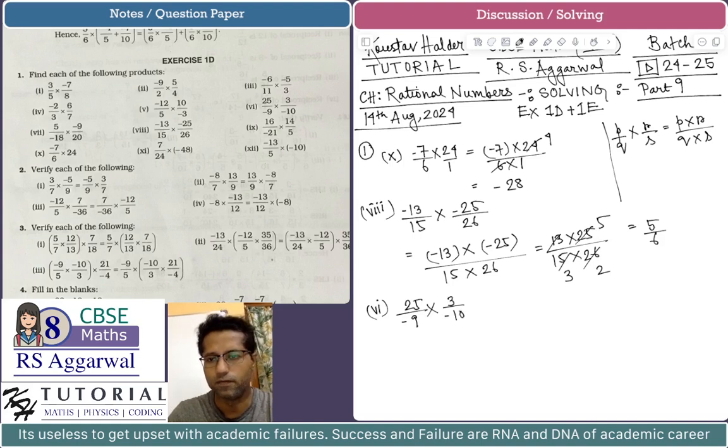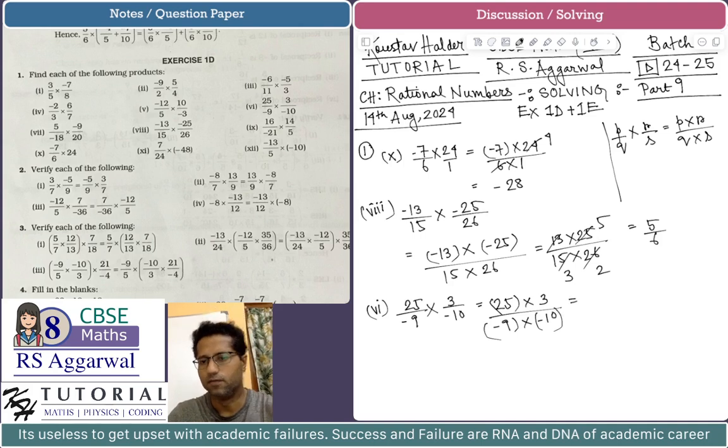Now for finding the product of two rational numbers, you can directly apply the formula, instead of first converting each rational number to standard form, or at least making the denominator positive. It is not necessary. You can directly apply the formula: 25 multiplied by 3 divided by minus 9 multiplied by minus 10. You apply the formula, and then whatever the result is, if that result is not in standard form, then you can convert that rational number into standard form.